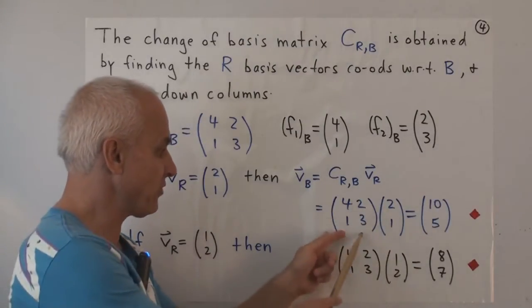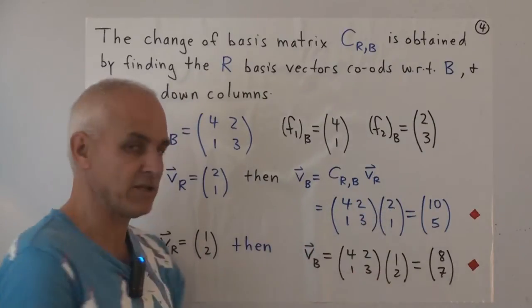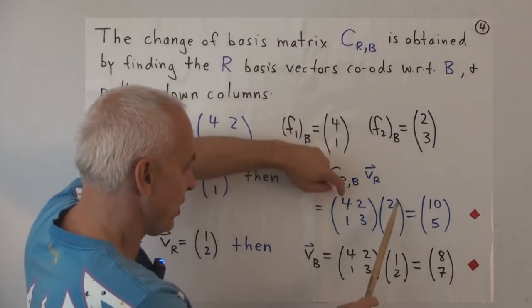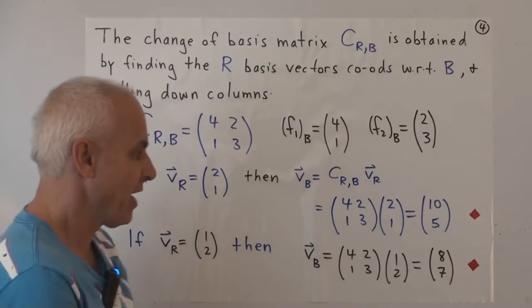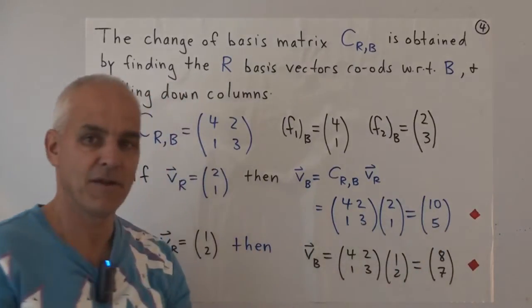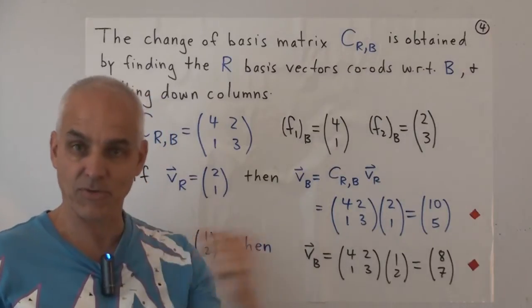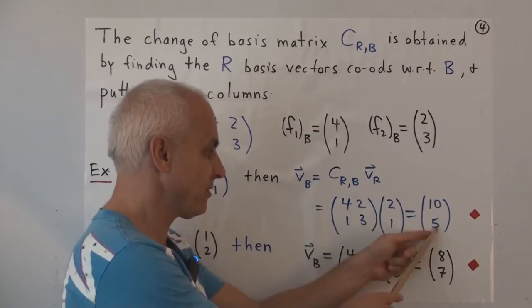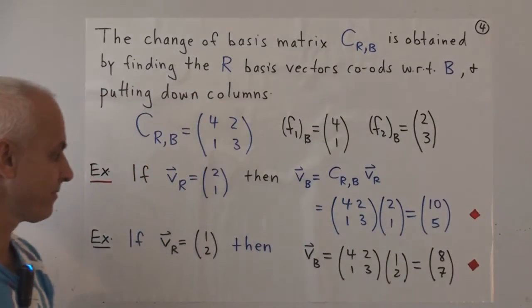Here's the change of basis matrix, exactly this one here. Here's the coordinate vector of V with respect to Rachel. When you perform this multiplication, 8 plus 2 is 10, 2 plus 3 is 5. That was indeed the coordinate vector of that first vector V that we talked about with respect to Bob. So that's how you go from Rachel's to Bob's coordinate vector for a given vector.